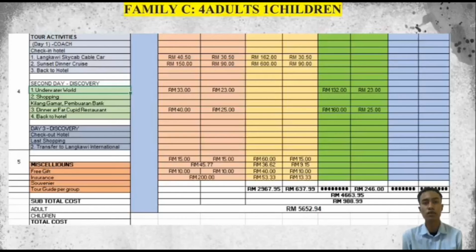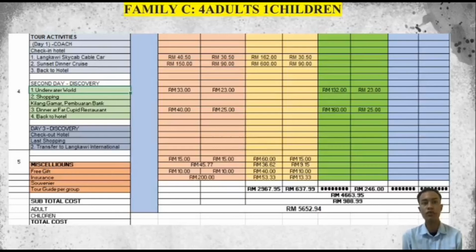The insurance will cost around 45 ringgit 77 cents, and it is 36 ringgit 62 cents for 4 adults and 9 ringgit 15 cents for 1 child. So we have souvenirs. The souvenirs from us are 10 ringgit for 1 adult and 10 ringgit for 1 child. So it will cost around 40 ringgit for 4 adults and 10 ringgit for 1 child.